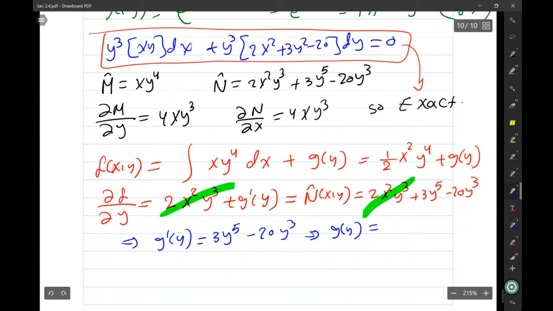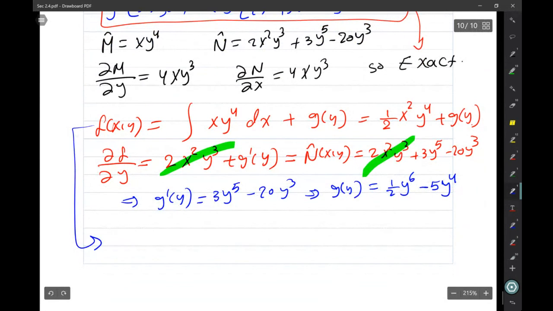g of y equals 3y to the power 6 over 6, which becomes half y to the power 6, minus 20 over 4, which is 5, times y to the power 4. So the function f of xy simply equals half x squared y to the power 4 plus g of y, which is half y to the power 6 minus 5y to the power 4.